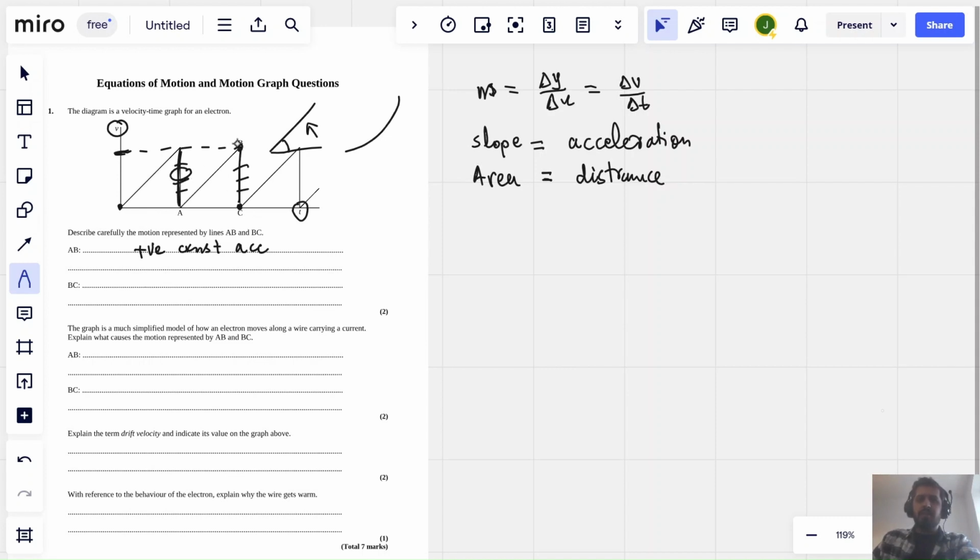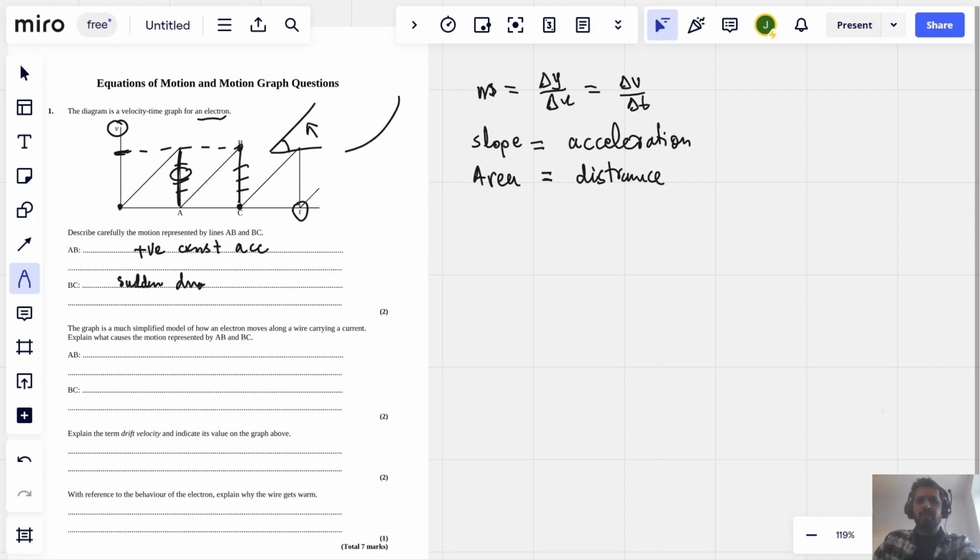Now, what is this jump representing? It represents a collision, because this is the diagram for an electron. Maybe the electron was going at some velocity and suddenly it collided with an atom or lattice point and the velocity dropped to 0. So it represents a collision, or a sudden drop in velocity.